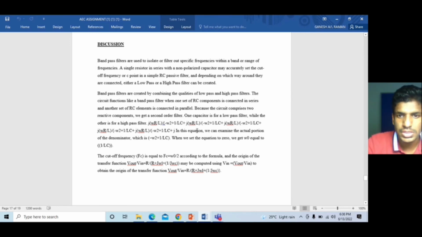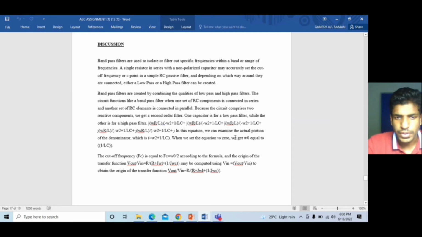So in this equation, we can examine the real portion of the denominator, which is negative omega squared plus 1 over LC. When we set the equation to 0, we get omega naught equal to 1 over LC.